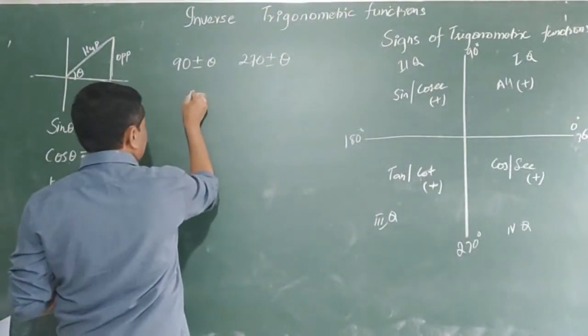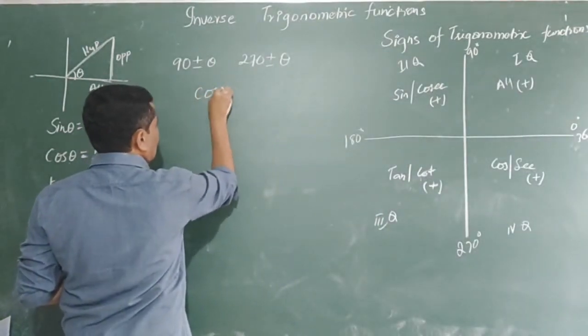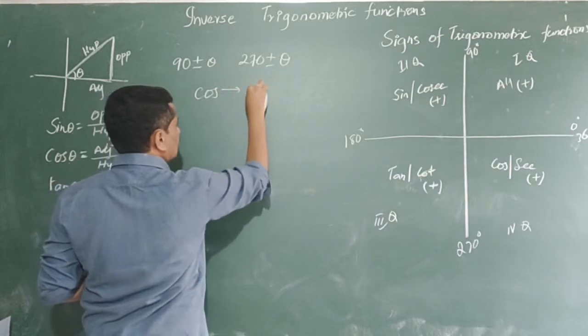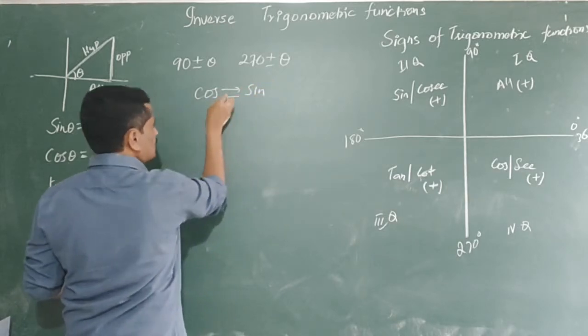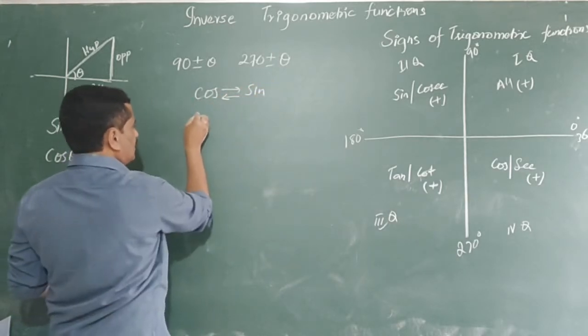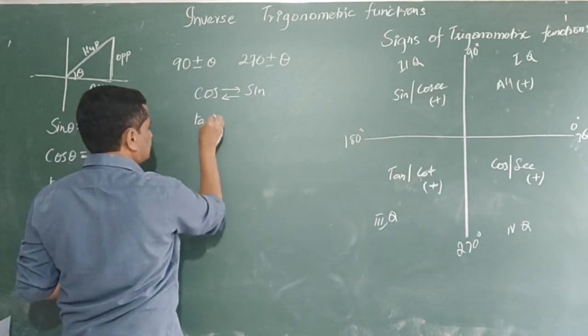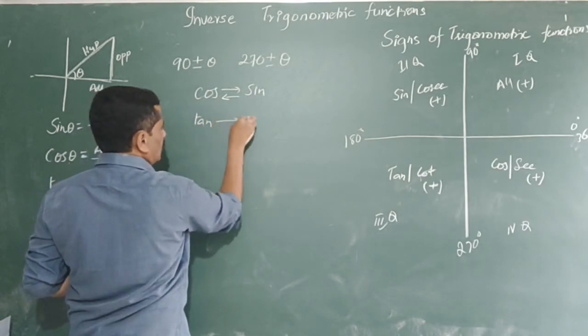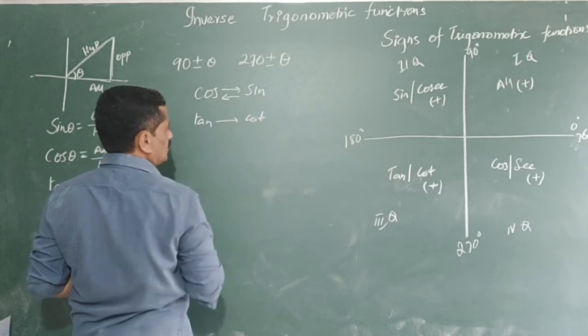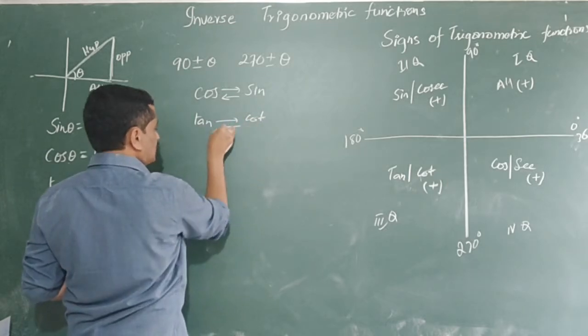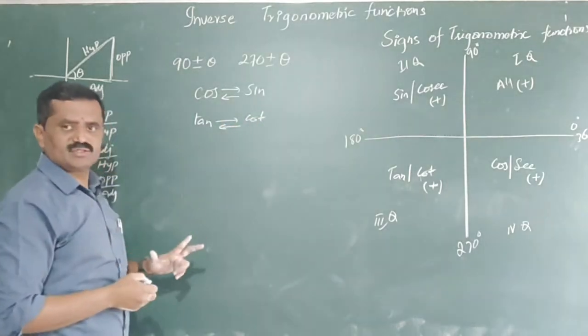So cos becomes sine, or sine becomes cos, tan becomes cot, or cot becomes tan, similarly and so on.